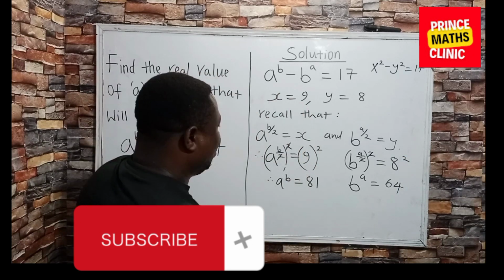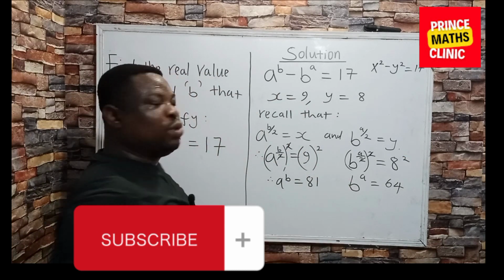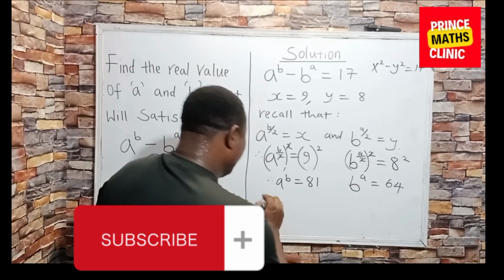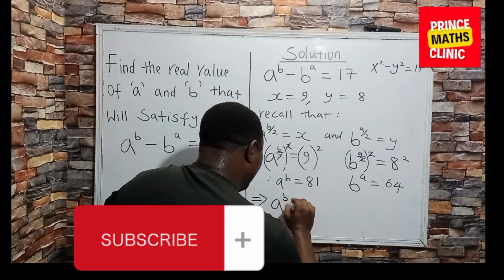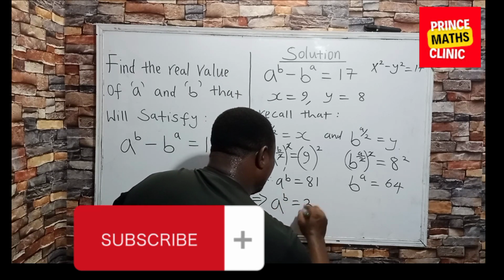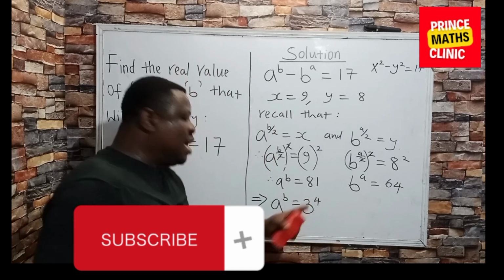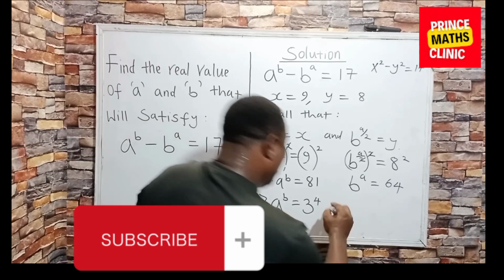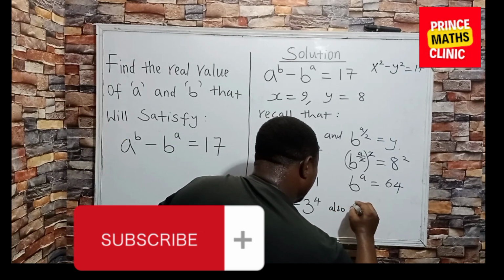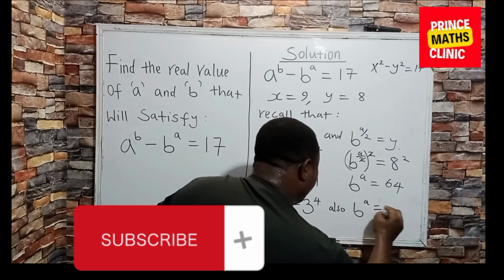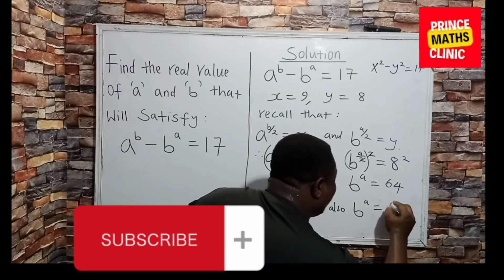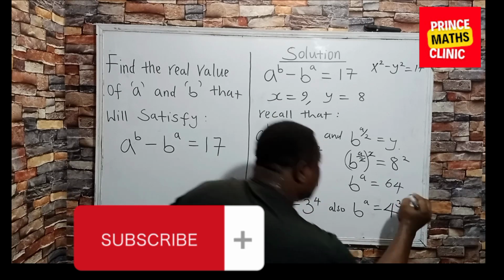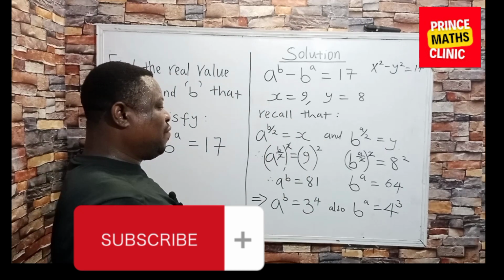Interesting. So I want to work out something here. This implies that my A to the power of B, if I say 3 to the power of 4, it will give me 81. Also, B to the power of A, if I also do 4 to the power of 3, it will give me 64.